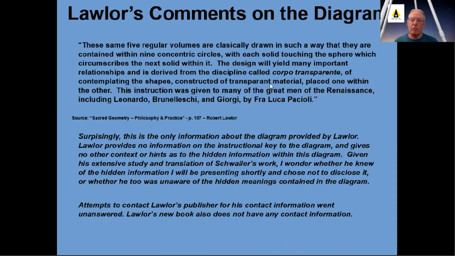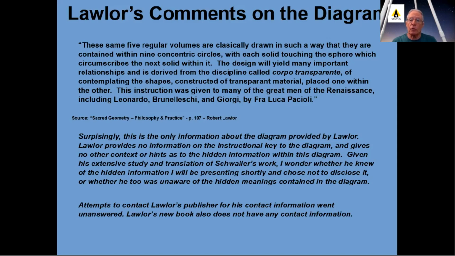On this page, at the top, I'm going to give you verbatim the only paragraph of information that's available from his book on this diagram. It says, "These same 5 regular volumes are classically drawn in such a way that they are contained within 9 concentric circles, with each solid touching the sphere which circumscribes the next solid within it.